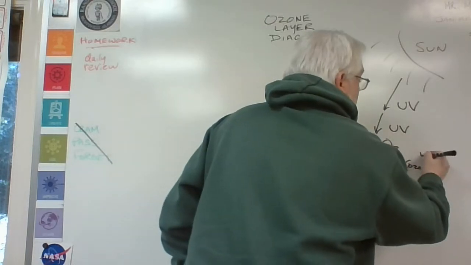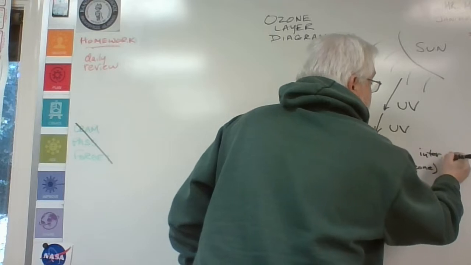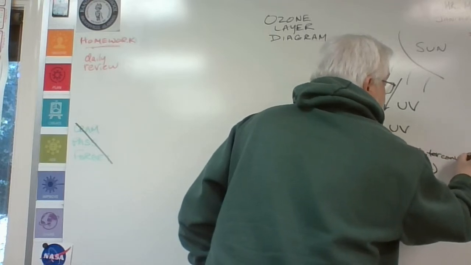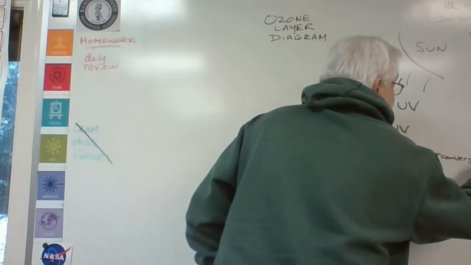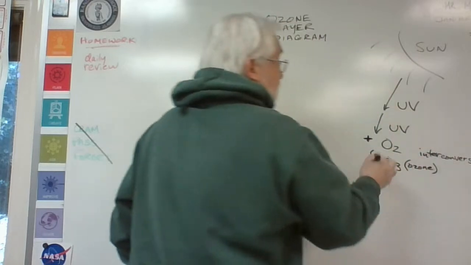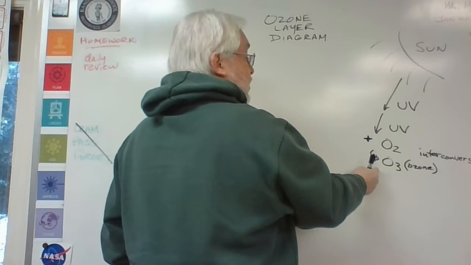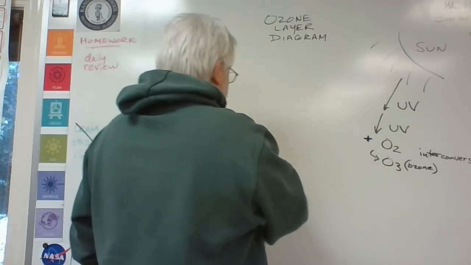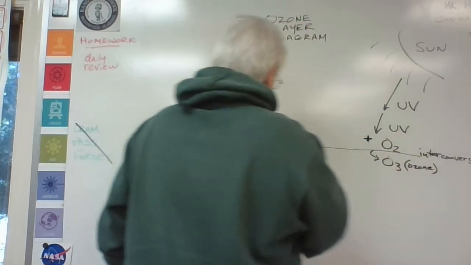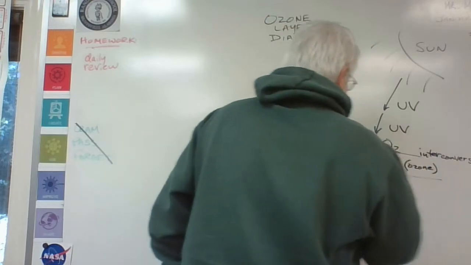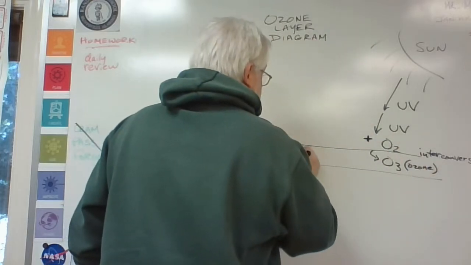And this is what we can call an interconversion process. Interconversion happens so that when ultraviolet interacts with O2 in the atmosphere, it produces O3. And then that layer of ozone up in the stratosphere is known as the ozone layer.